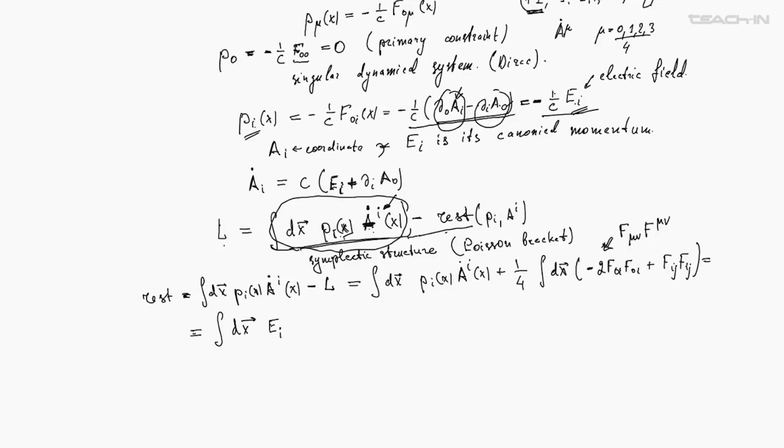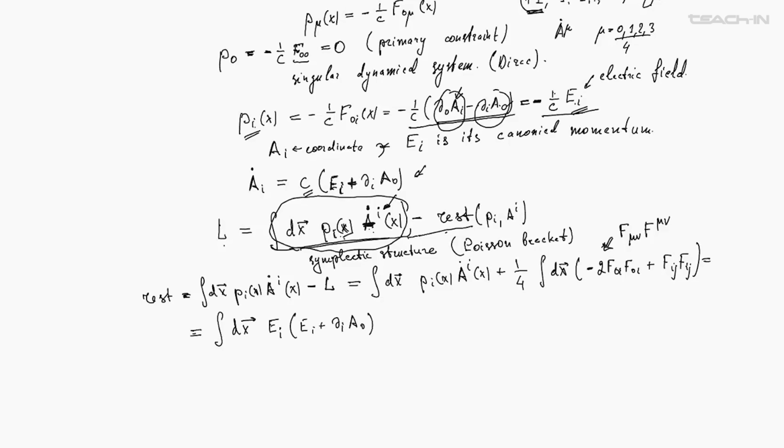So c from ai dot and c from pi will be cancelled. And ai dot I replaced by this expression here. It will give me ei plus di a0, right? So this will be my kinetic term, the term responsible for the Poisson bracket.